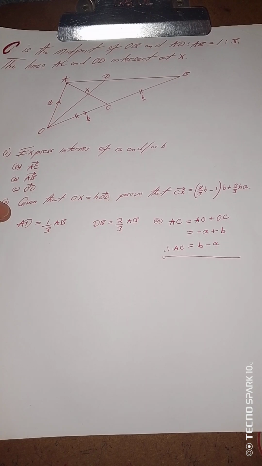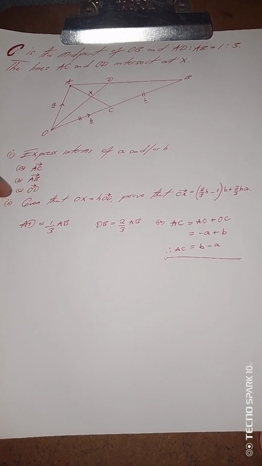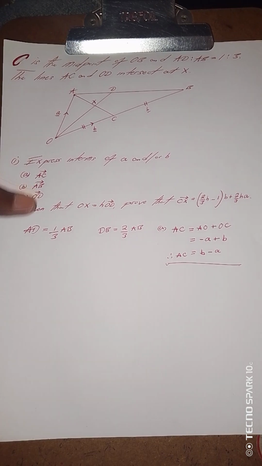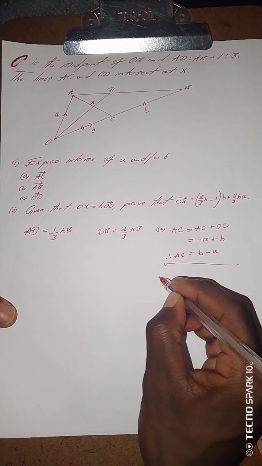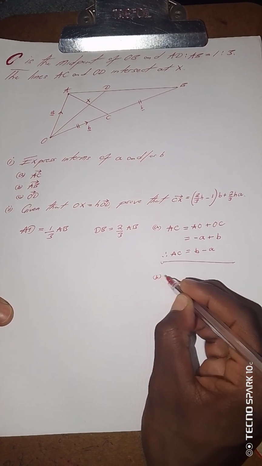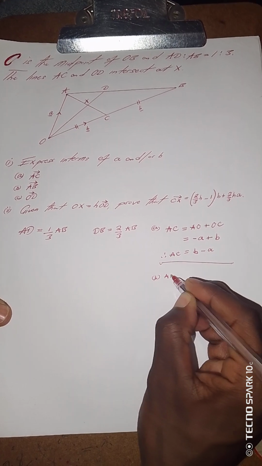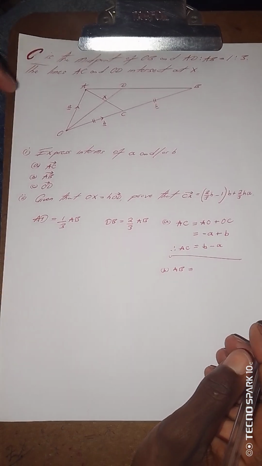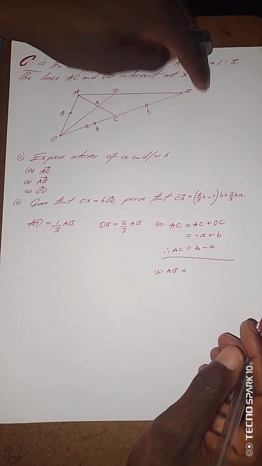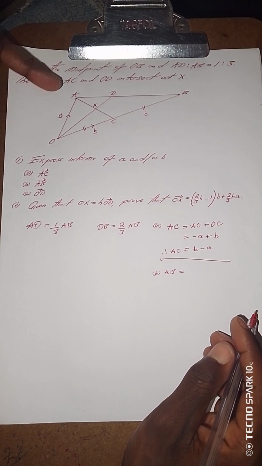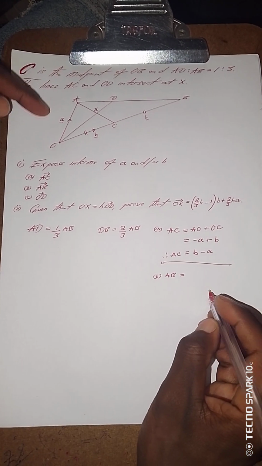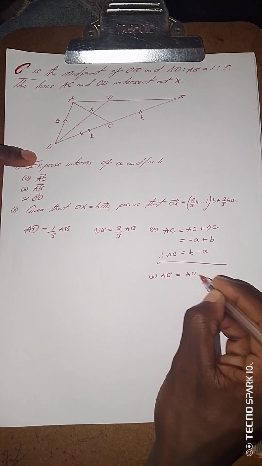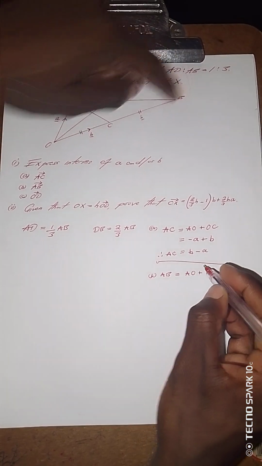So now let's proceed. The next question is saying find AB. To find AB, we're going to say AB equals AO plus OB.